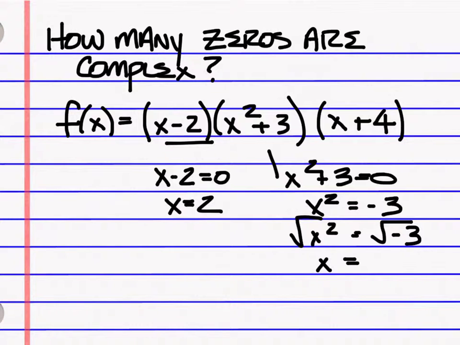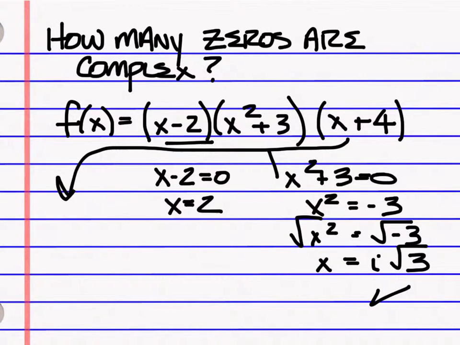The square root of negative 3, what's that? i square root of 3. Is this complex? Yes. So there's 1.